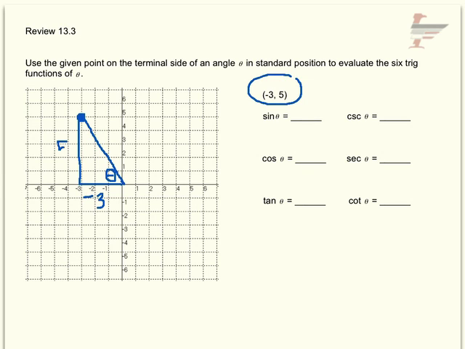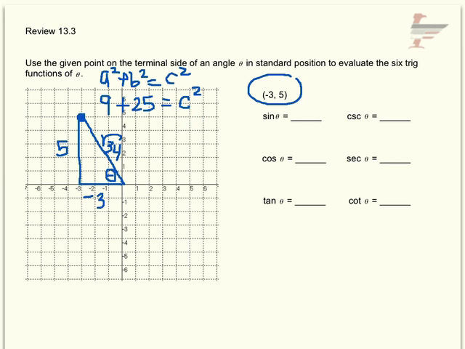Not that you can't see what they are, but I can easily find the hypotenuse, right? So a squared plus b squared equals c squared. So a squared will be negative 3 squared, b squared will be 5 squared, and of course 9 plus 25 is 34, and square root that, so this side will be the square root of 34.